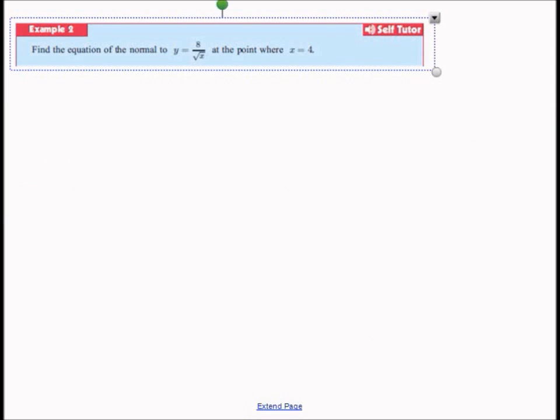Example 2, find the equation of the normal to y equals 8 over the root of x at the point where x equals 4. Again, pause the video, practice this question on your own, and then see if you get it correct. So y equals 8 over the root of x. I'm going to write that as 8x to the power of negative 1/2.